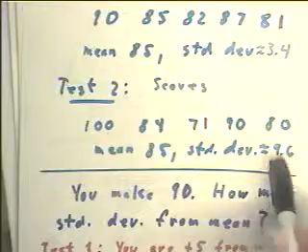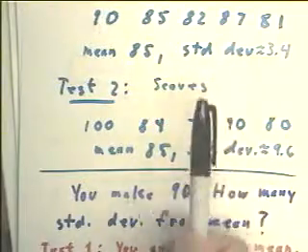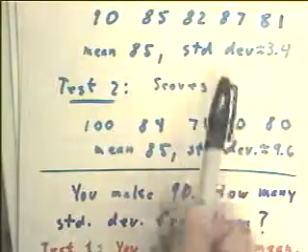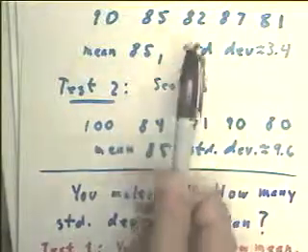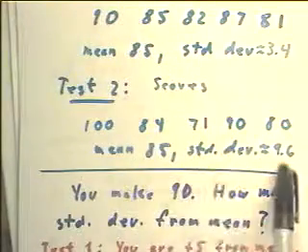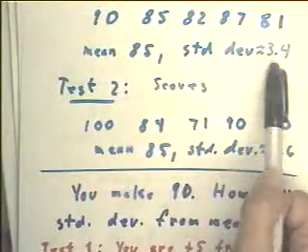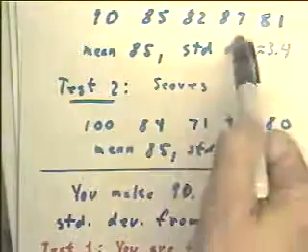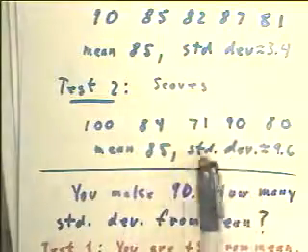So in that sense, you're closer to the mean in this case than you are in this case. Even though your raw score is 5 points away from the mean in both cases, since the standard deviation here is greater than the standard deviation here, you are closer to the mean here than you were here, and you actually did better on this test.